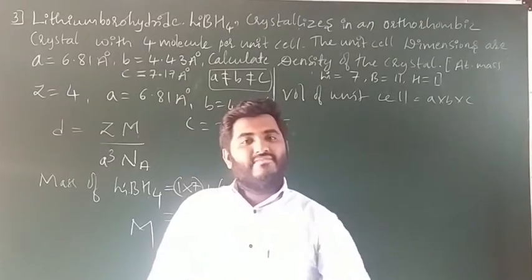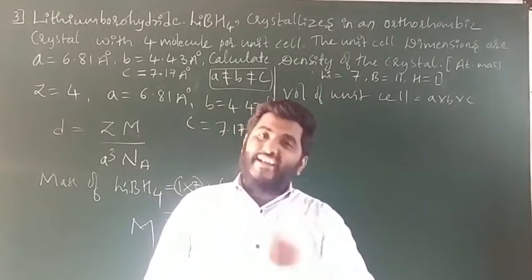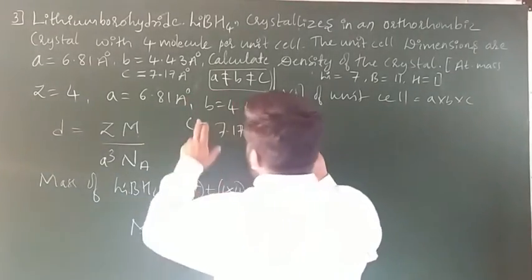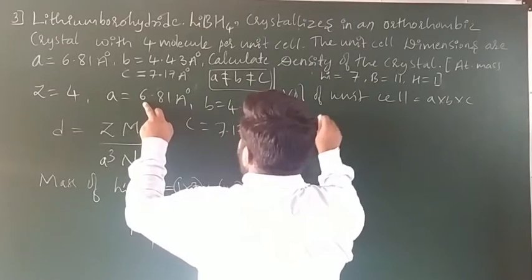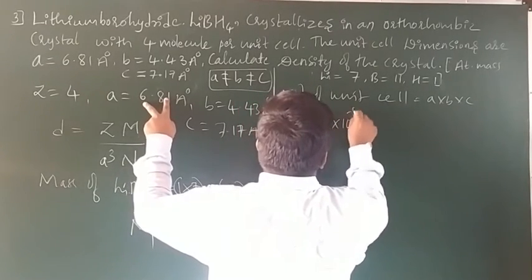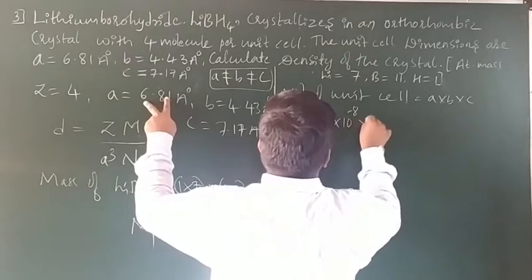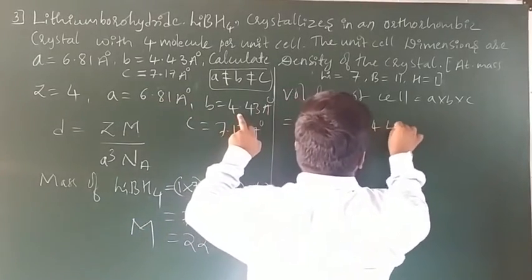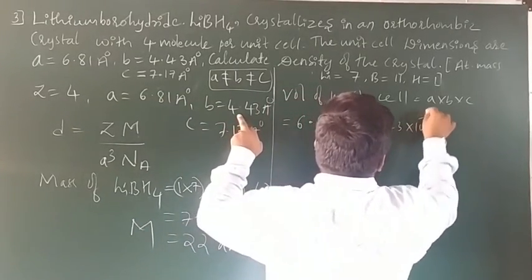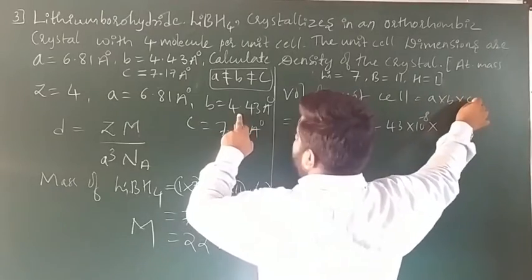How to convert angstrom into centimeter, guys? 10 to the power minus 8. So 6.81 into 10 to the power minus 8 into 4.43 into 10 to the power minus 8, because we are putting the A, B, C values. What about the C?